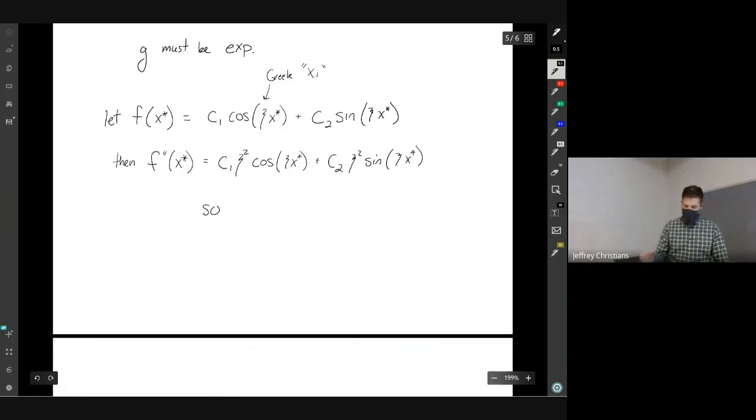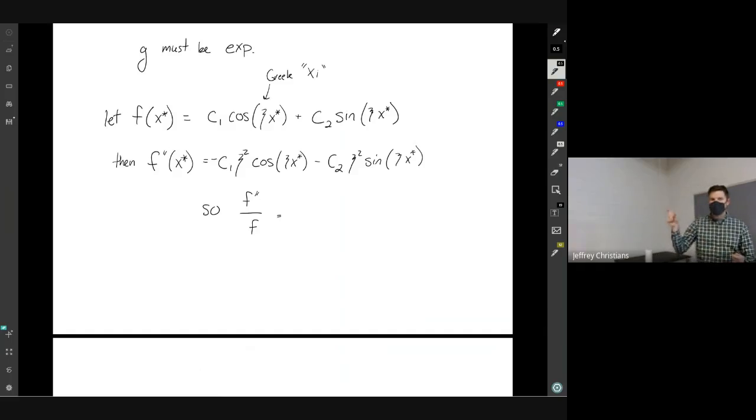So the thing that we're trying to look at, f double prime over f equals, sorry, I messed up. Both of these should flip to negative, right? Because we go from cosine to negative sine, and then we end up with negative cosine. So they both end up with negative. So this ratio would be negative c squared, which works fine. It's just a constant.